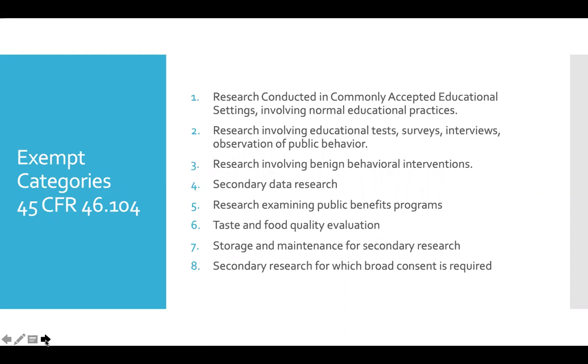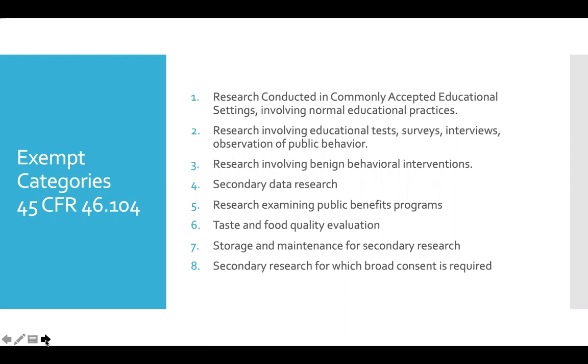Category 4, research that involves secondary data. So the data has already been collected and it is going to be analyzed in a different way. Category 5, research examining public benefits programs. Category 6, taste and food quality evaluation.